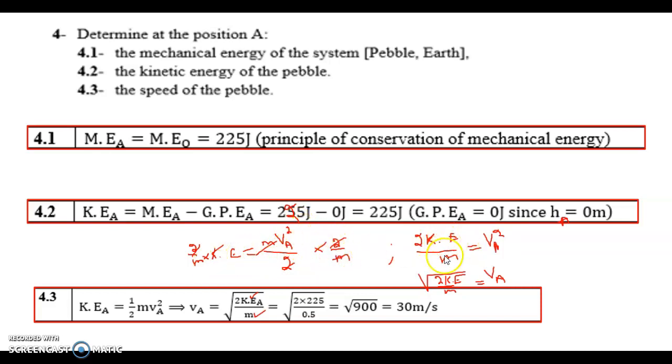So it's 2 kinetic energy over m equal VA squared, but we are looking for V, so we have to do square root here. You can directly memorize this formula, or you can just do the same work we did here. So now the speed at A is radical 2 times kinetic energy at A over m. All the values are in the SI unit. 2 times 225 over 0.5 is radical 900, which is equal to 30 meters per second.